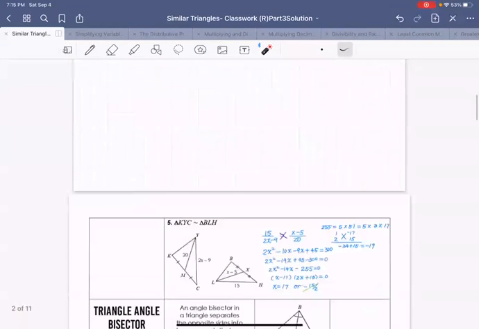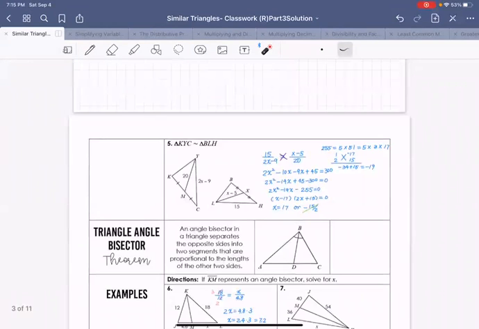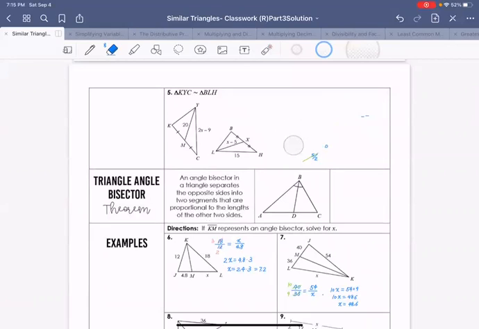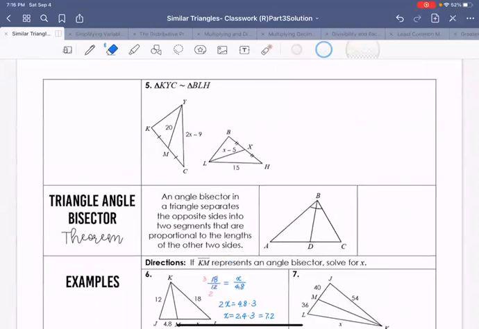So let's continue. Oh, we have a little bit more complicated questions. Felix. Look at number 5. Tell me the equation, please.